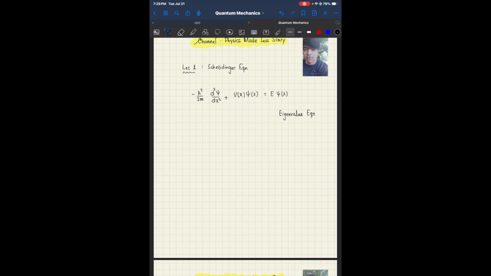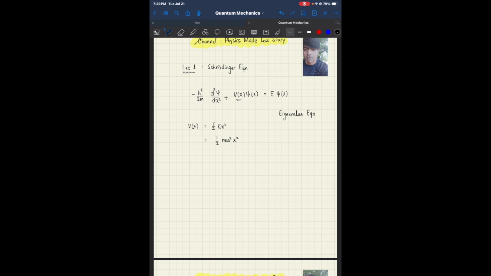So this is the time independent Schrodinger equation, which we have discussed before. And now we figured out what this V(x) is. We have figured out this V(x) is half k x square, which is the same as half m omega square x square.